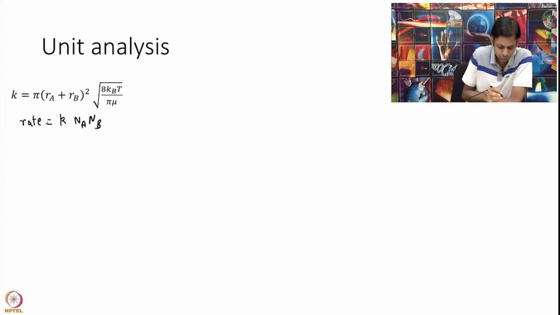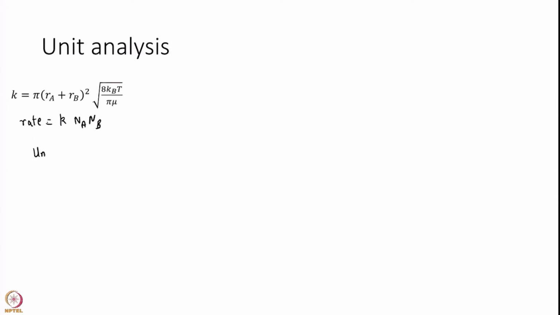So, first of all, what is the unit of rate? Again my reaction is A plus B going to some products, and rate is minus dNa by dt.